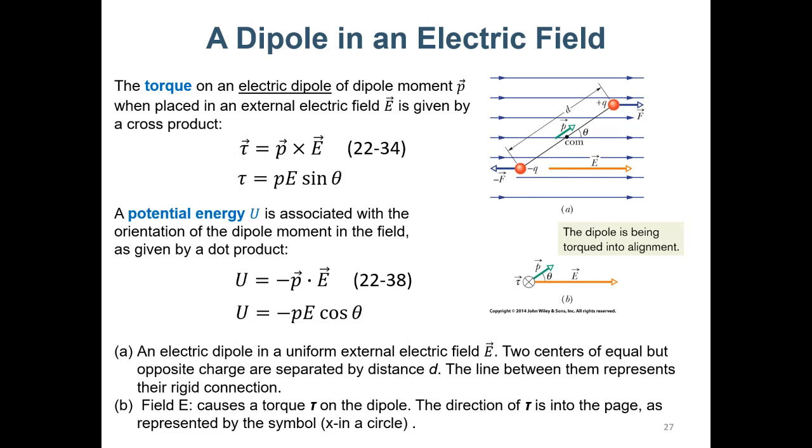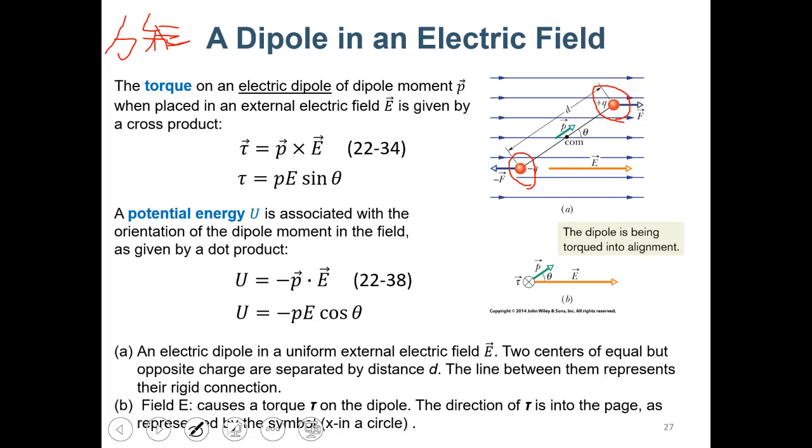As mentioned, we have a dipole, Q and minus Q. When it is in the uniform E field, it will have a torque. So it will try to rotate, right?